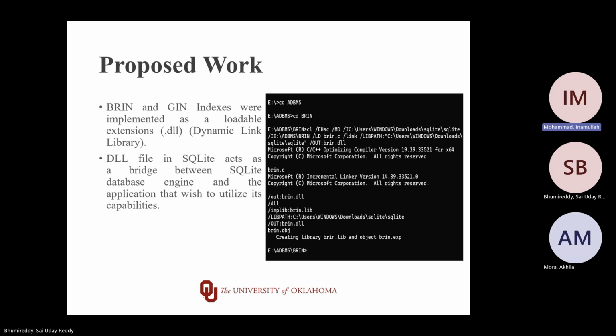If you look at the image here, this is how a DLL is compiled. You basically have to give a .c file as an input, and it will output the DLL file and .lib and .exp files as well, which contain information about libraries that are required for the DLL file.